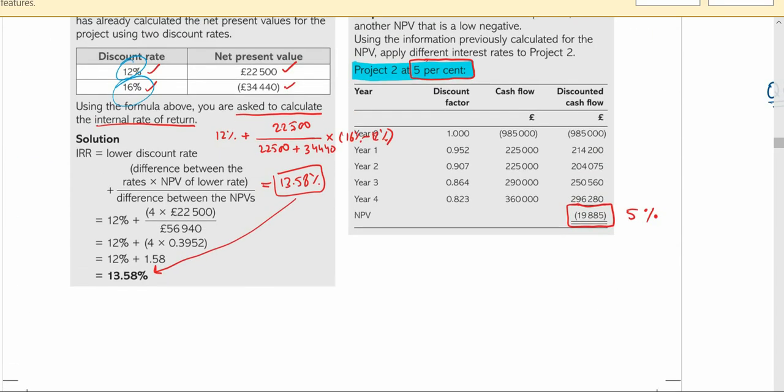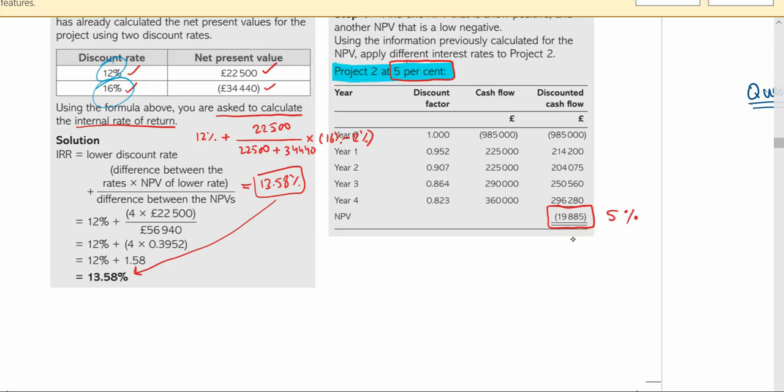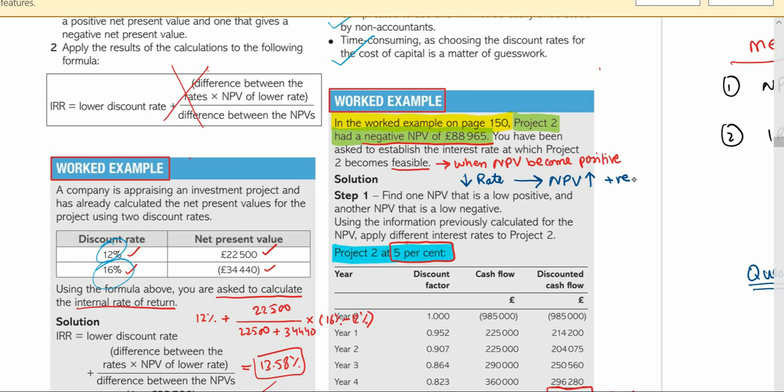To convert into a positive NPV, we have to decrease the rate, because when we decrease the rate, NPV will become positive.